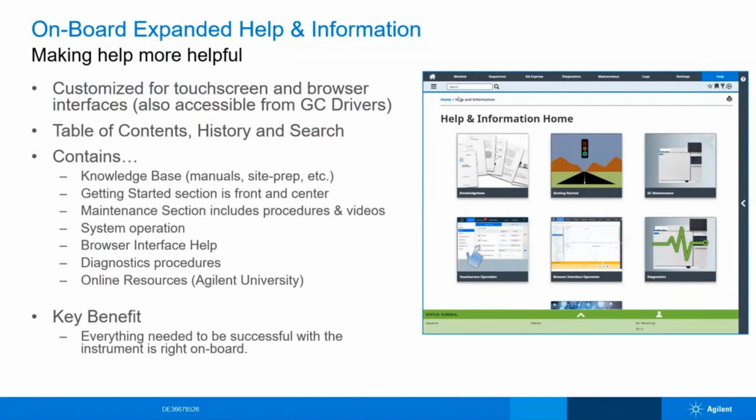So on the system itself, you can also navigate through the browser or the touchscreen interface to the help and information section. This provides a lot of really useful content for operating the system, as well as instructions for certain different types of tasks.